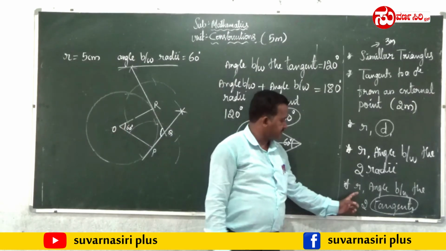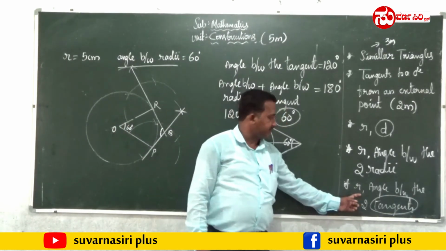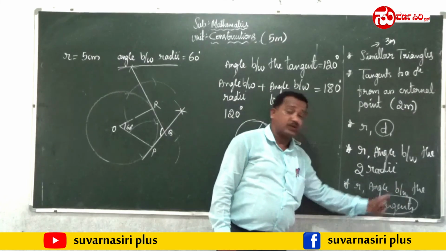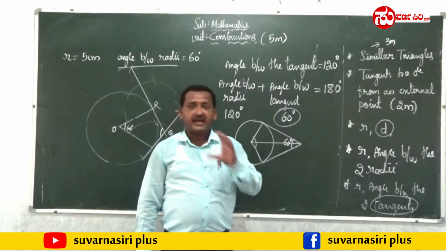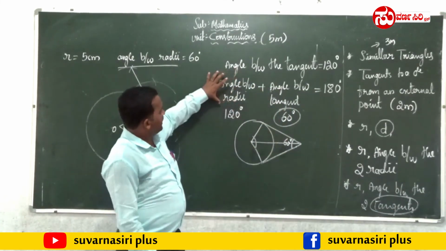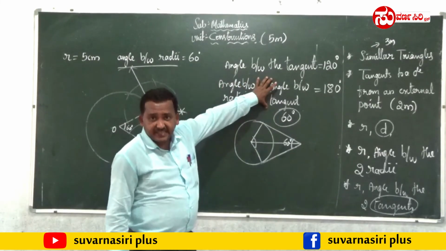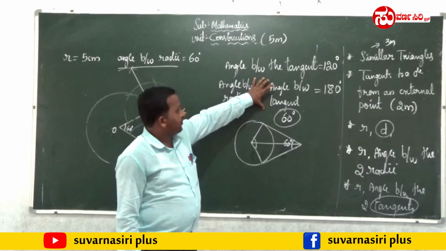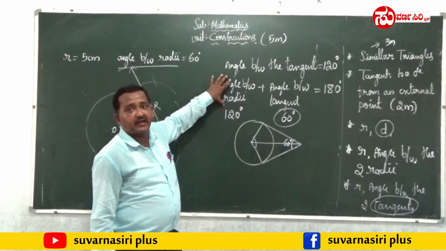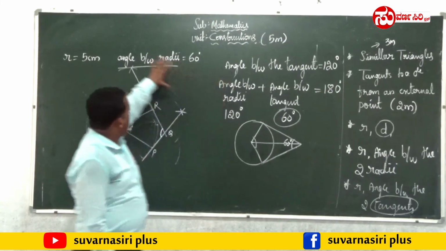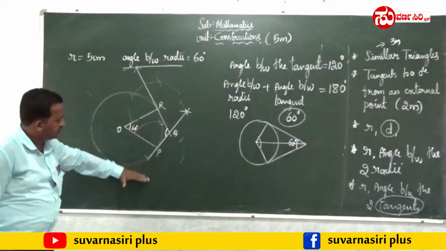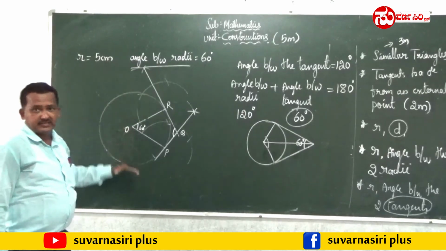And the third is the radius of the circle is given, and the angle between the two tangents is given. At that time we have to take the help of this property. When the angle between the tangents is given, with this property first you have to find the angle between the radii, and follow the same procedure as we have done for this.